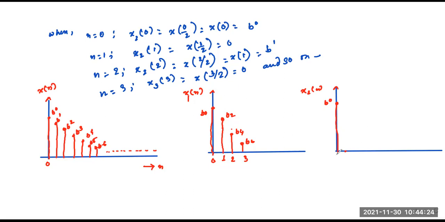So this will be empty. This is 0th position. This is 1 position empty. On the 2 position, it will be b1 because x2 of 1 is 0. So on the 2nd position, it has the value. And what is the value? B of 1.